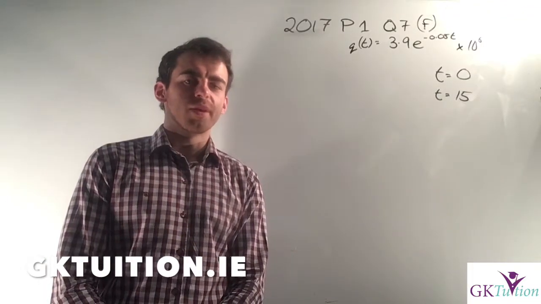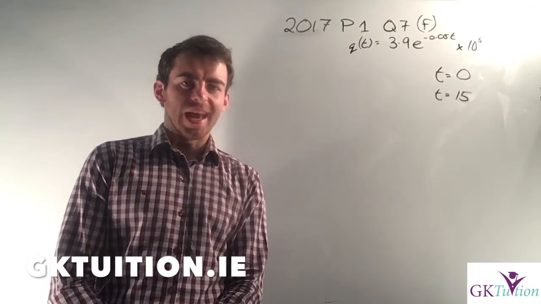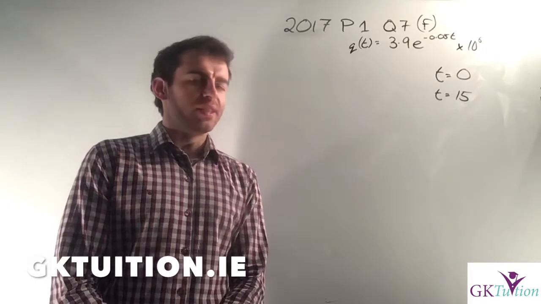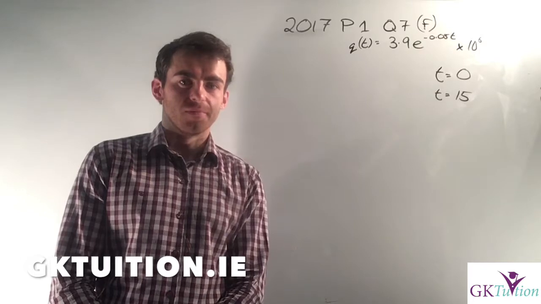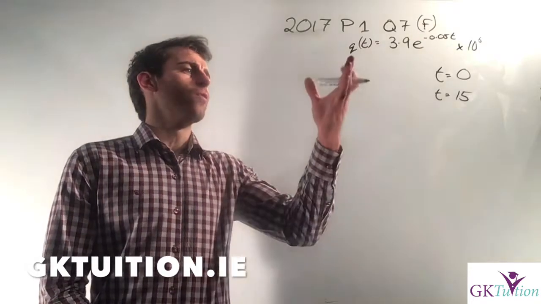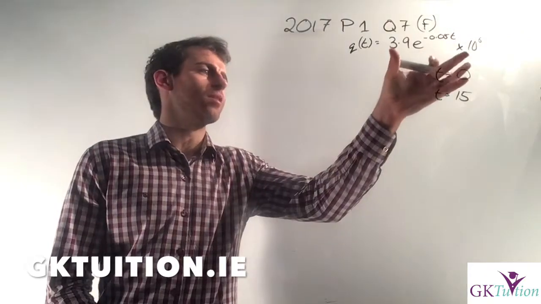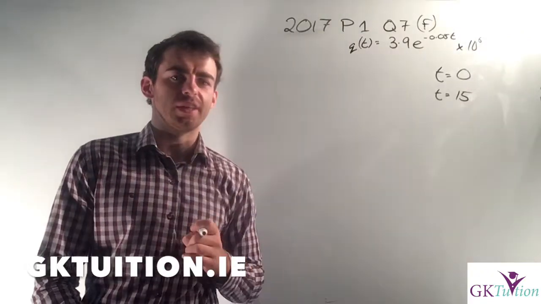Okay, so for the next part of this question, we're asked to find the average predicted population in Avalon City between 2010 and 2025. Now you should recognize the function q of t describes the predicted population in Avalon City. So I know my function q of t.